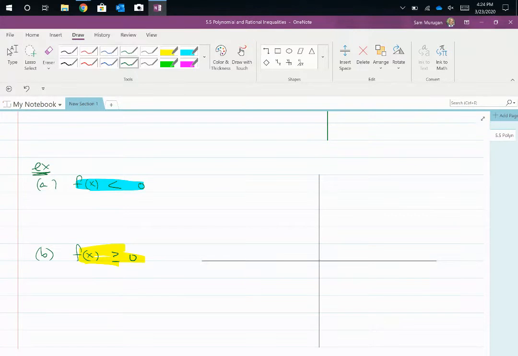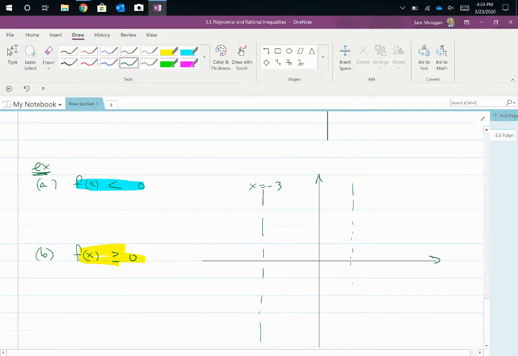We're going to put in a couple of asymptotes, one at say x equals -3 and x equals +2. Perhaps we can have the graph intersect at -1.